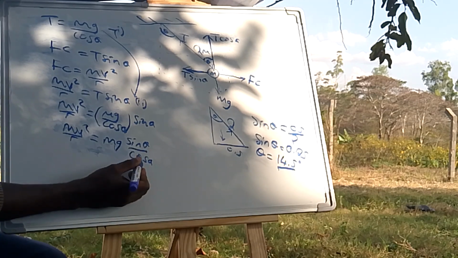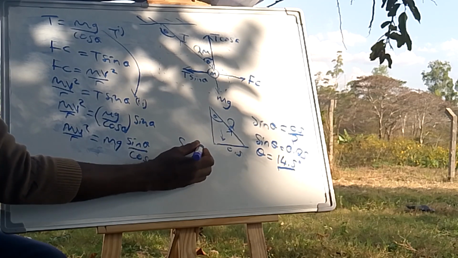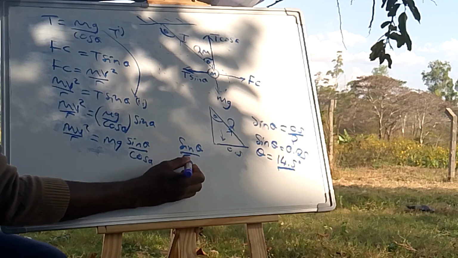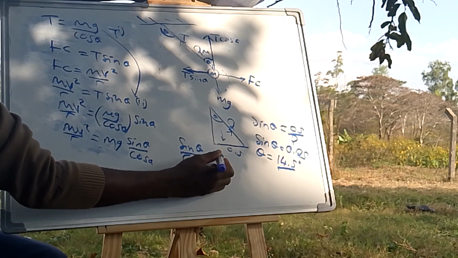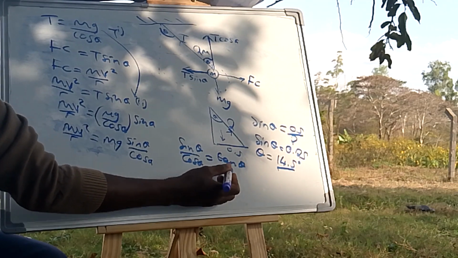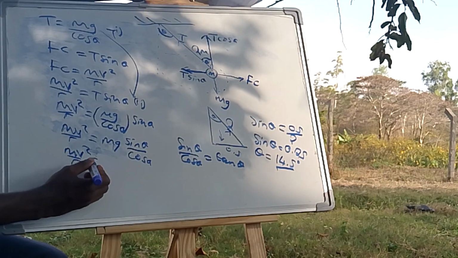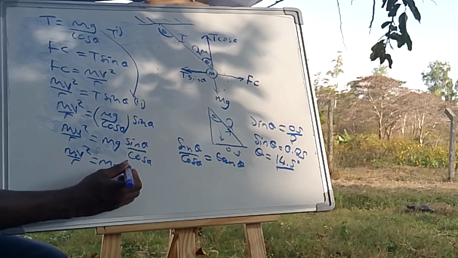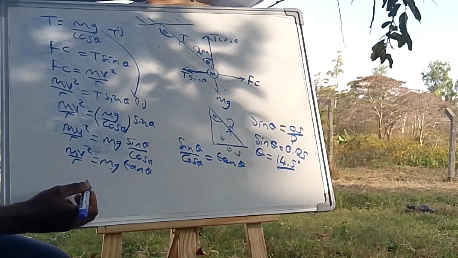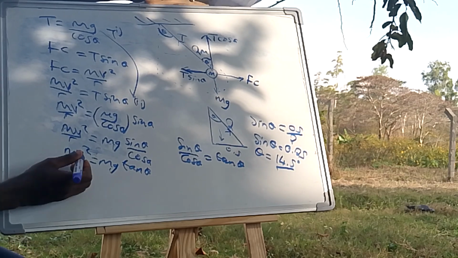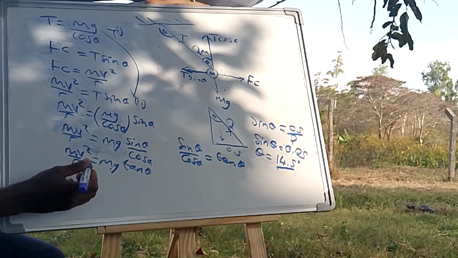Now sine theta over cos theta is the same as tan theta. So mv square over r equals mg tan theta. Remember, the question is saying find V, the angular speed.